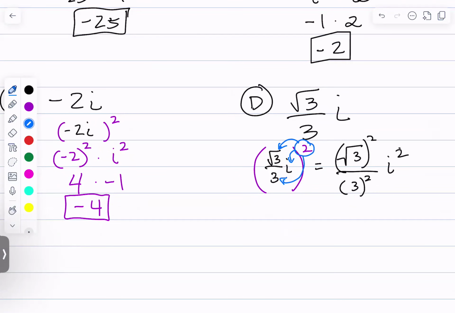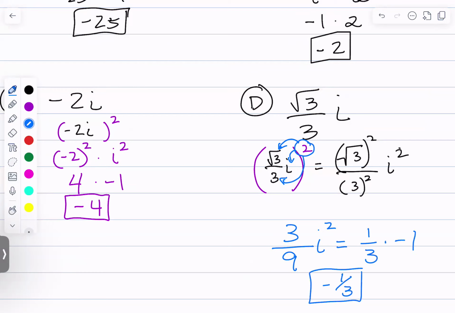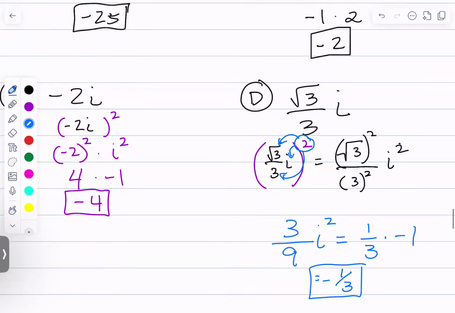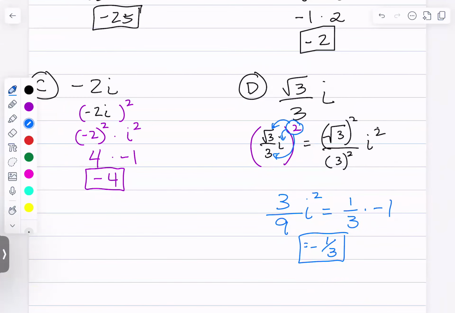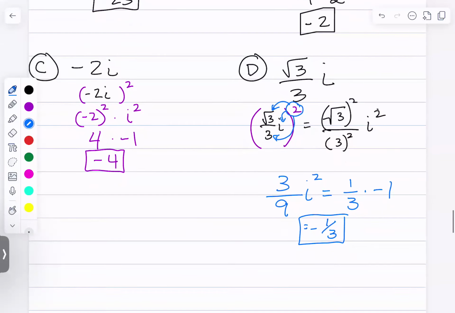So square root of 3 squared is 3. 3 squared is 9. i squared, which is 1 over 3 times negative 1, which is negative 1/3. Okay? Make sure that the squared goes to each and every term. All right? Questions? No?